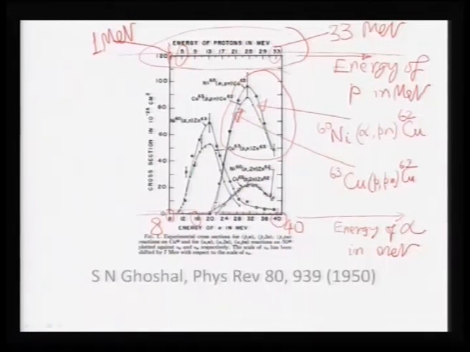So, what are we studying? We are studying how this 64 zinc decays to copper 62, emitting a proton, emitting a neutron. So, the final products are the same, whereas the initial constituents forming this 64 zinc are different, and this graph shows how this cross section, the reaction probability, changes with the energy.